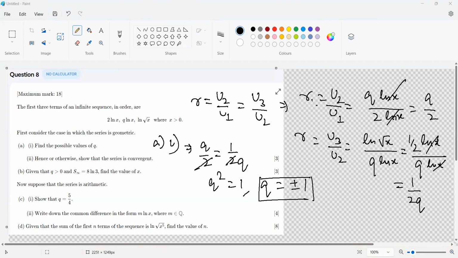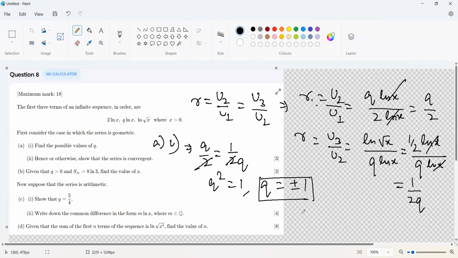Now, part B, we need to show whether this sequence is convergent or not. So Q is 1 or -1.